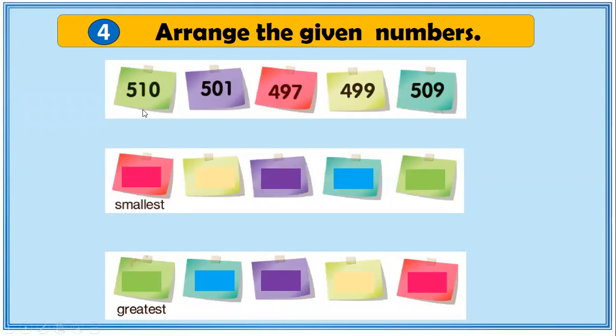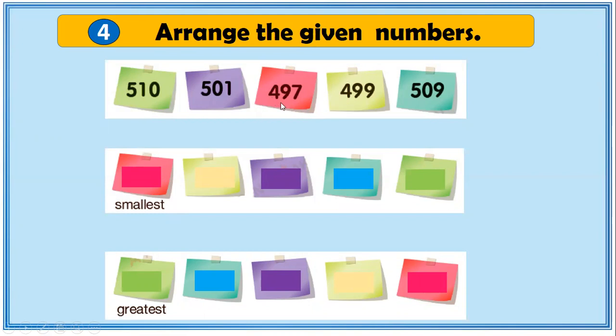So let us first compare the digits in the hundreds place. So this is 5, 5, 4, 4, and 5. Again, we will start from the smallest. So it means we need to find which is smaller between the two numbers. So this is 4 and 4.